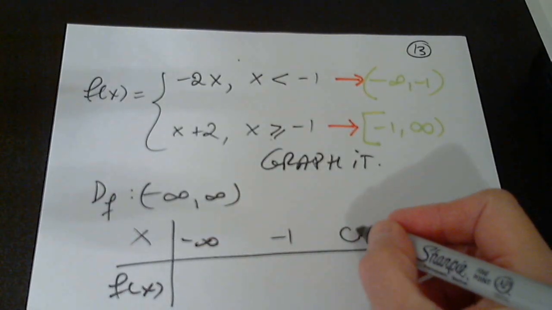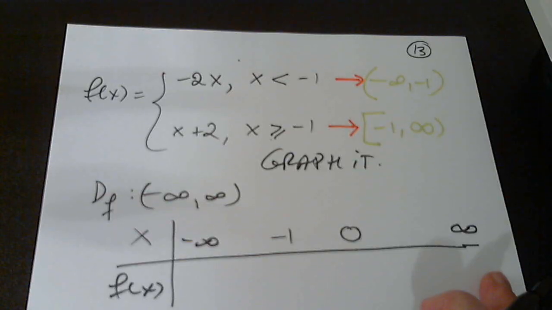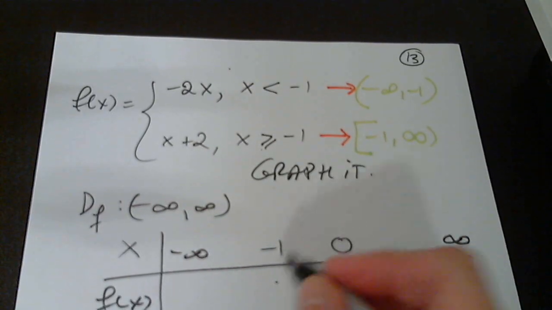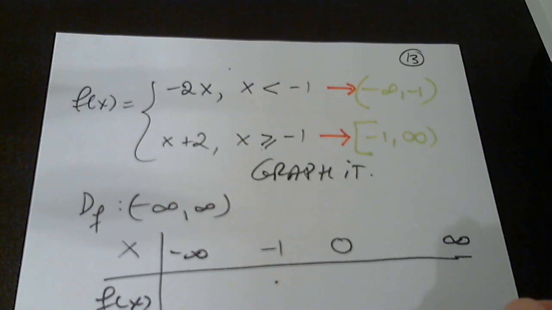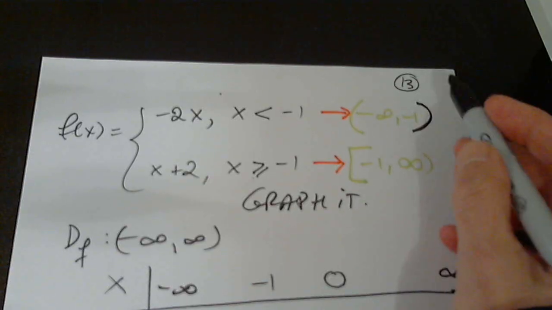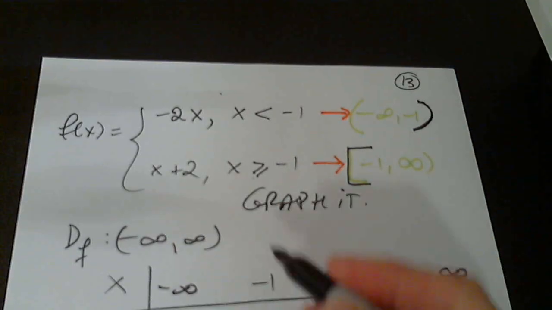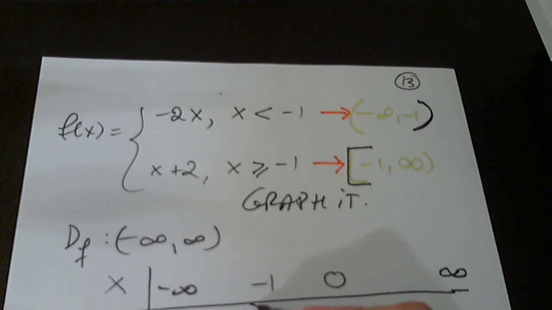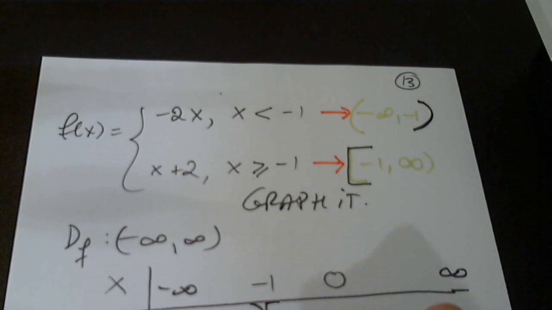In the correct order: -infinity, -1, 0, infinity. Which symbols will I write exactly under -1? Bracket and parenthesis. Yes. So the parenthesis facing this way and the bracket facing that way, and they're touching.